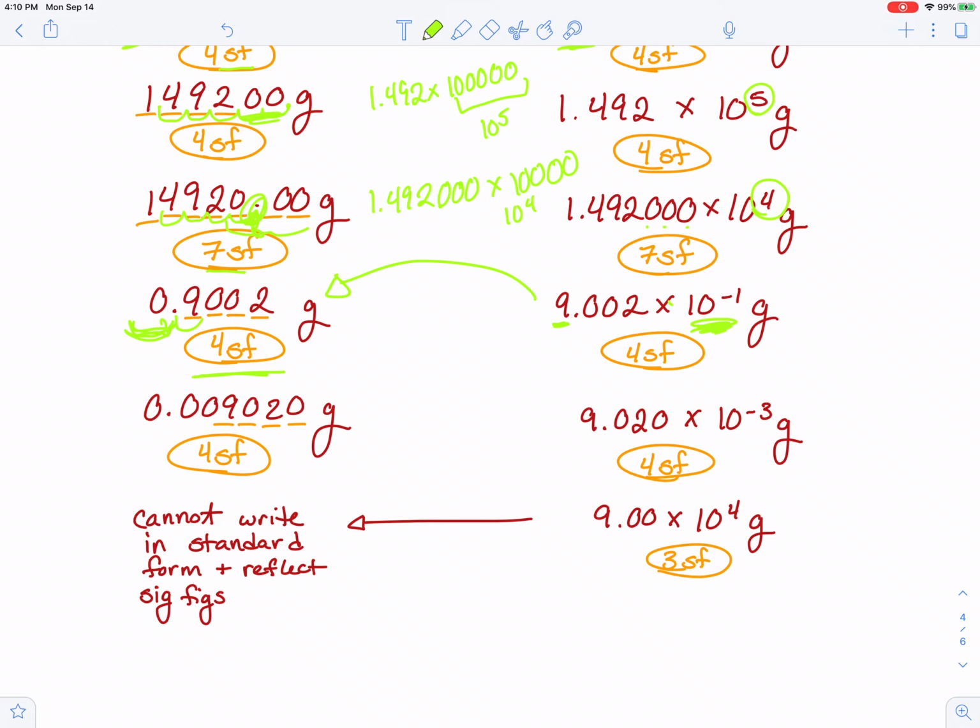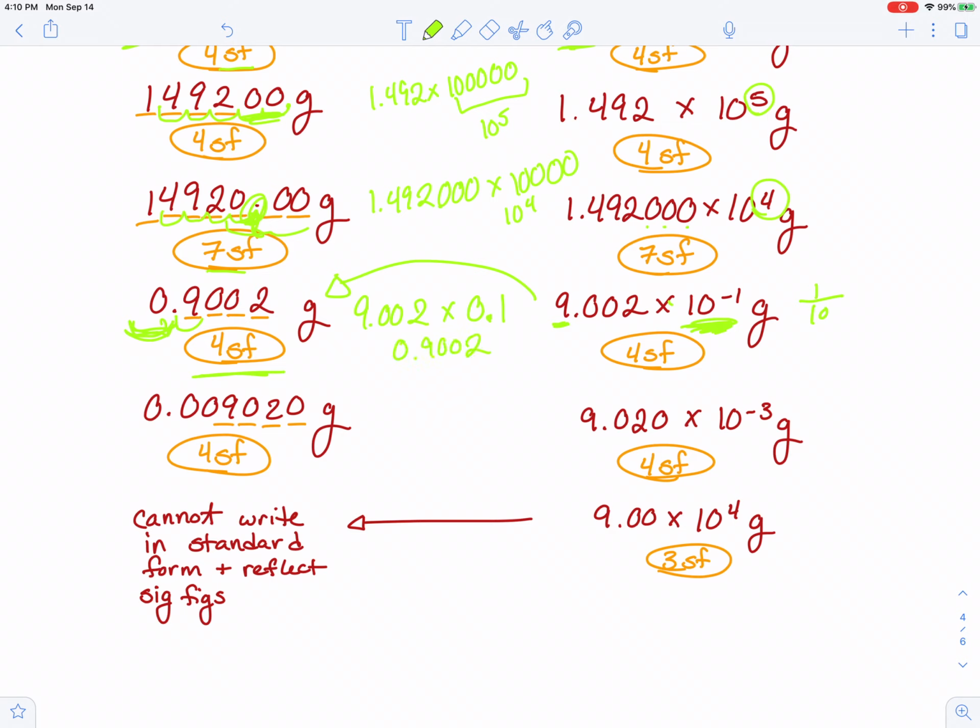So my number is actually 9.002 times, and 10 to the negative 1 is the same as 1/10. It's the same as 0.1. So if you put 9.002 times 0.1 into your calculator, that's going to come out to be 0.9002.